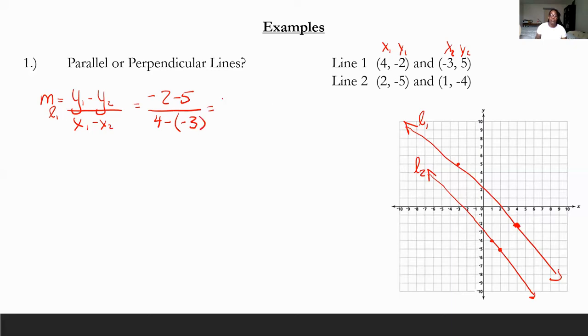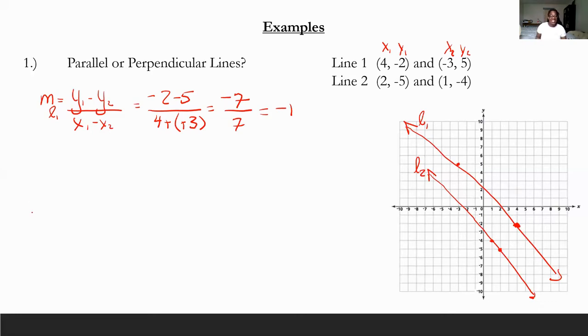So -2 minus 5 gives me -7. And when I minus a negative, it turns positive. So 4 plus 3 gives me 7. So it gives me my slope of -1. So that's all we have for line 1.